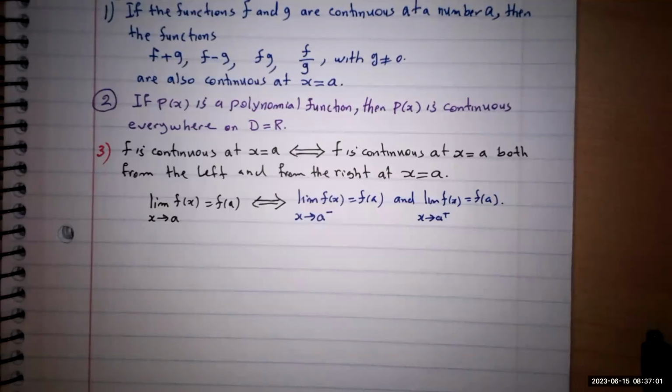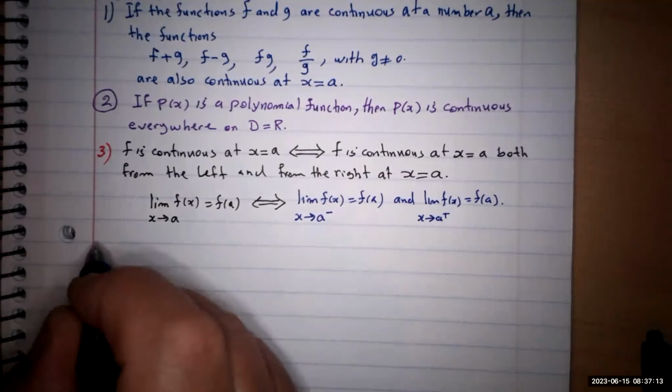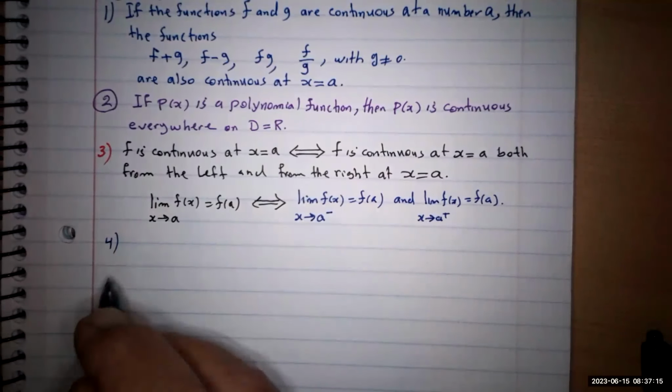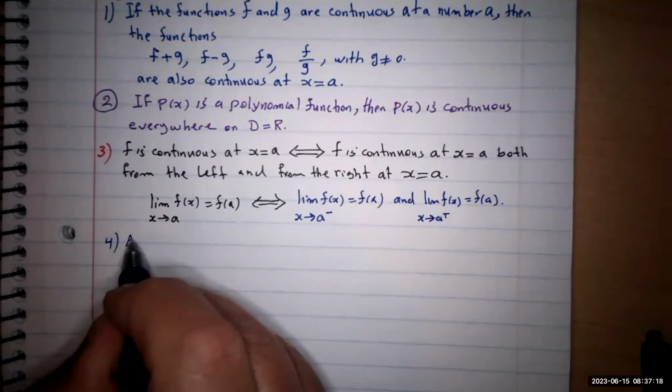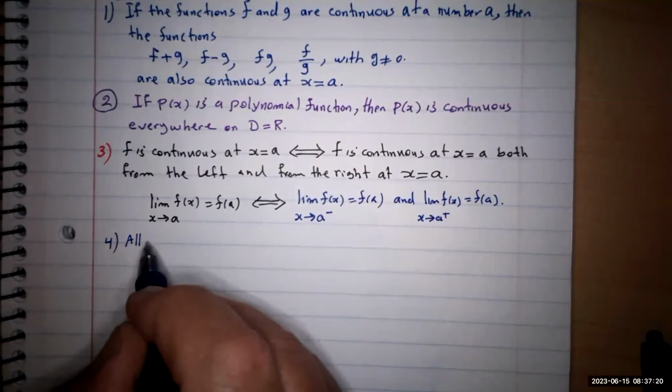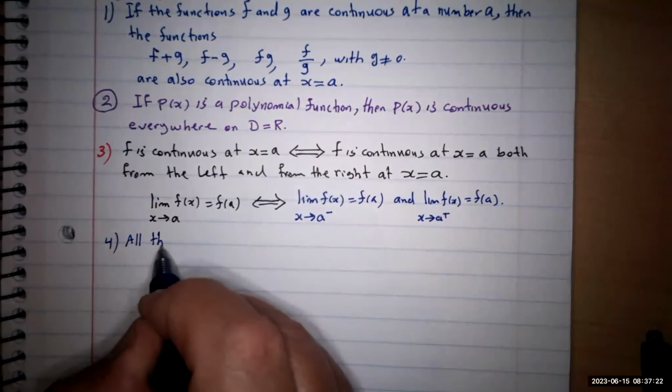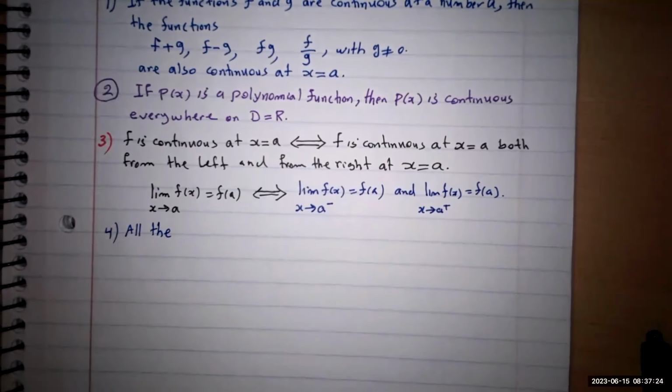Number 4, all the popular functions, trigonometric functions especially, they are continuous. So we make a note over here and we use it without any proof when we get to the examples in this course. If you look at the graphs, you will see there are pieces.